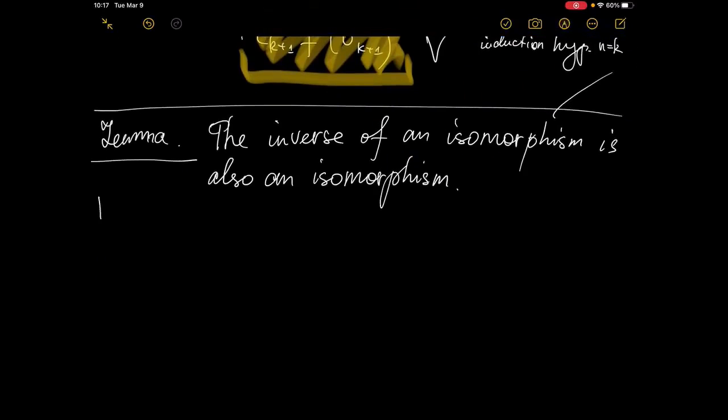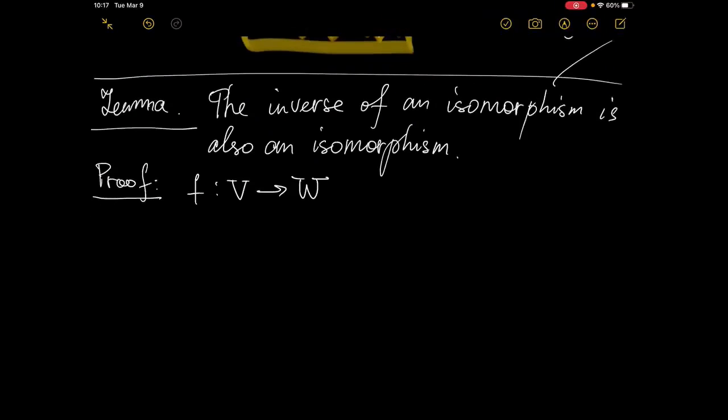So proof. Suppose that we have an isomorphism from vector space V to vector space W. In other words, suppose that V is isomorphic to W.